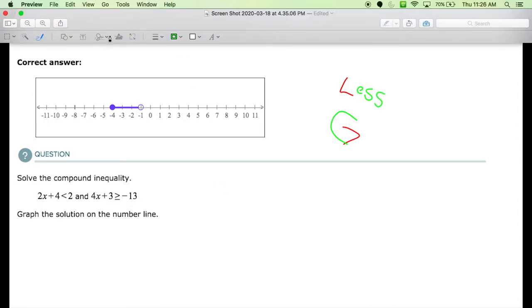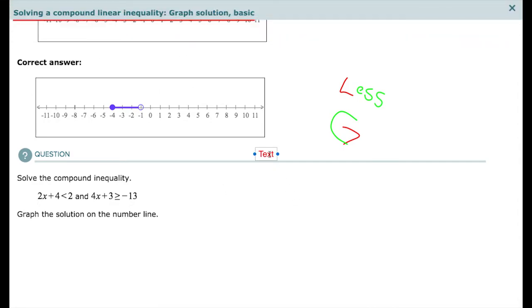I'm going to write it with text. I'm going to do the first one, and then I'll do the second one. So we have 2x plus 4 is less than 2. Now, in order to get x by itself, the first thing we need to do is subtract 4 from both sides.